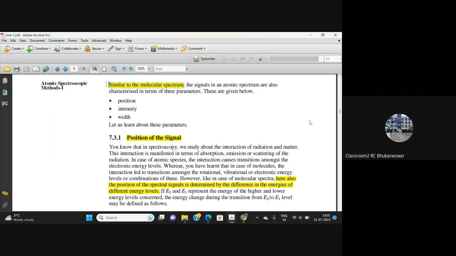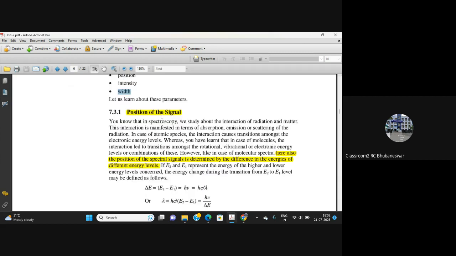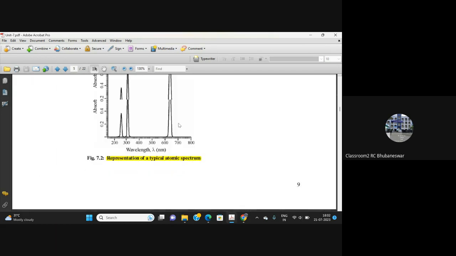So similar to molecular spectrum, the signals in the atomic spectrum are also characterized in terms of three parameters: position, intensity, and spectral width. Position of the spectrum means if you are seeing a spectrum, it has a certain wavelength.